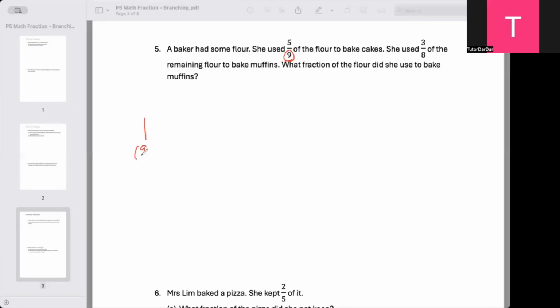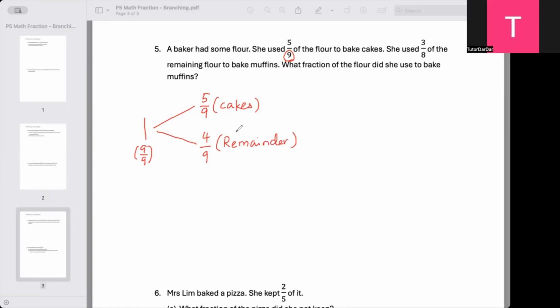So it is going to be 9 over 9. Now, let's start the branching. The first one, 5/9, is to bake cakes. So 9/9 minus 5/9, we are left with 4/9. This is the remainder.